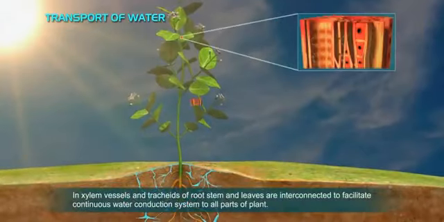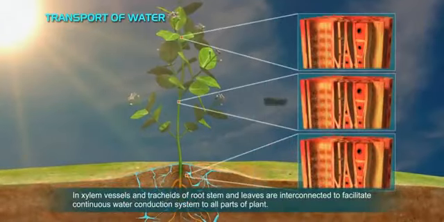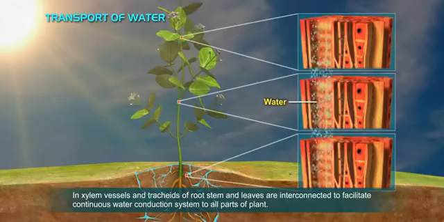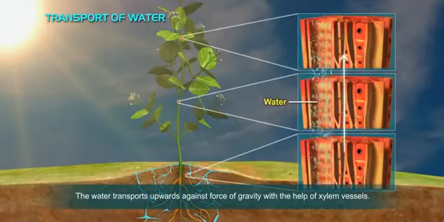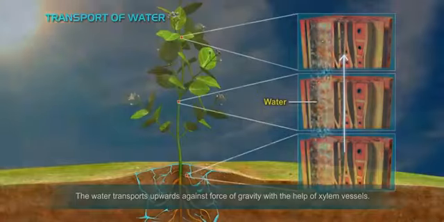In xylem, vessels and tracheids of root, stem and leaves are interconnected to facilitate a continuous water conduction system to all parts of the plant. The water is transported upwards against the force of gravity with the help of xylem vessels.